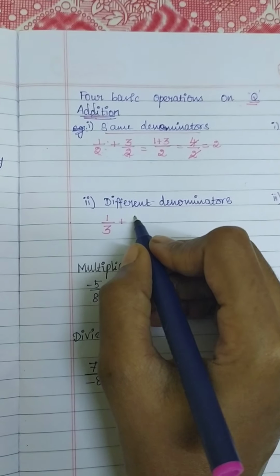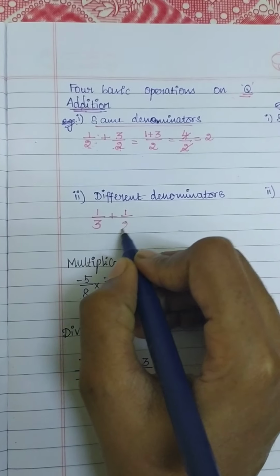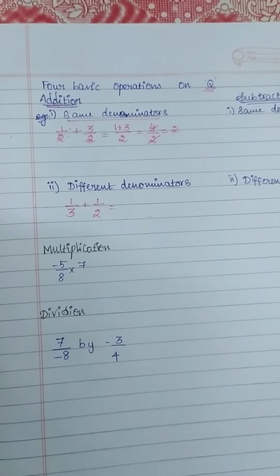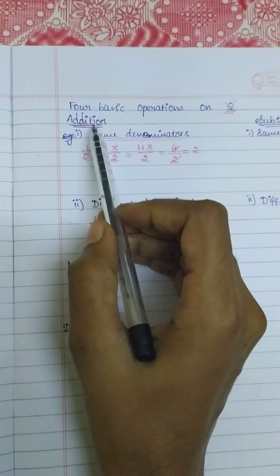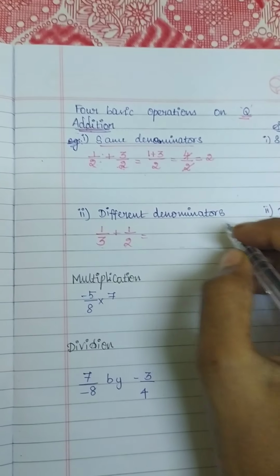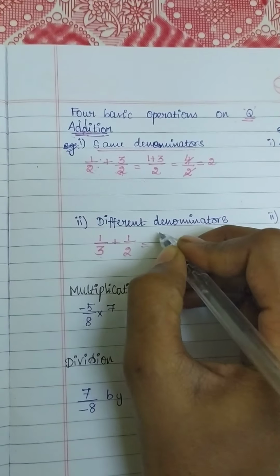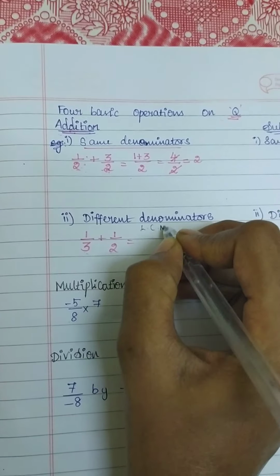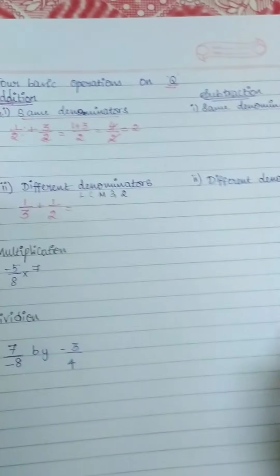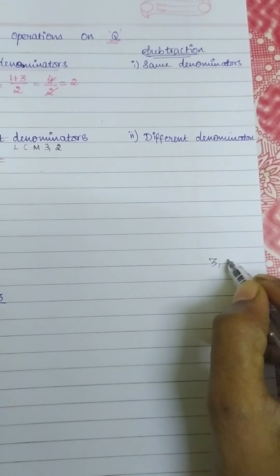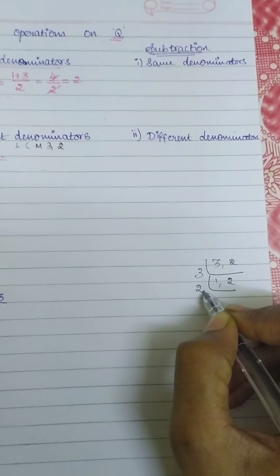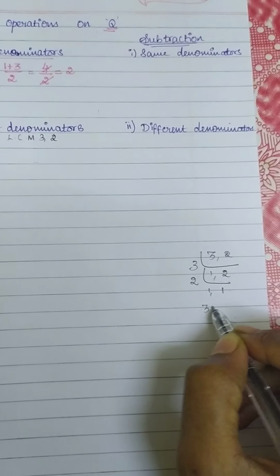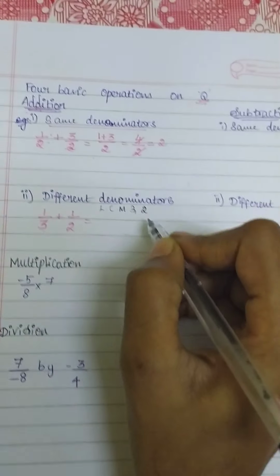plus 1 by 2. We already know that only when you have the same denominator can we add the numbers. So you take the LCM of 3 and 2, right? 3 for one time, then 2 for one time, so 3 into 2, my LCM is 6.